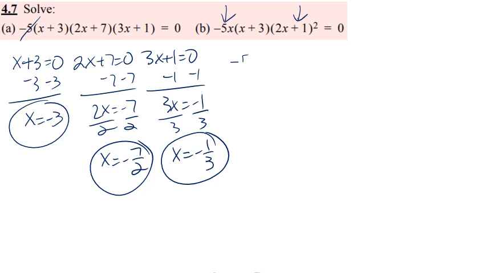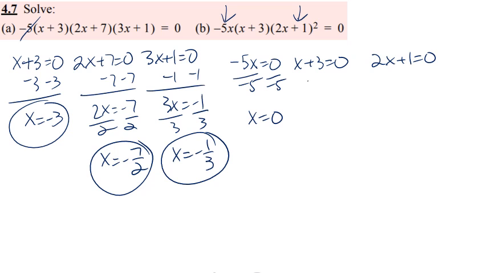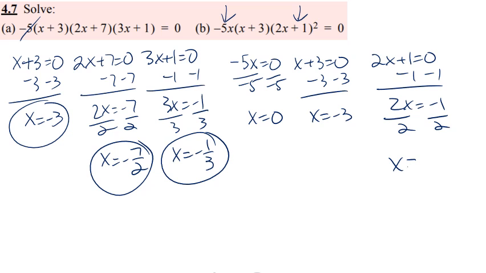So I'm just going to write it once. Again, if I wrote 2x plus 1 equals 0 again, you'll just get the same answer, so save yourself the time. So this is x equals 0, x equals -3, and then x equals -1/2.